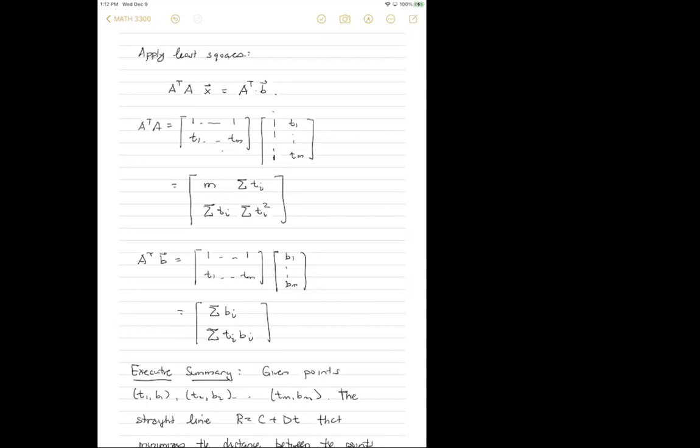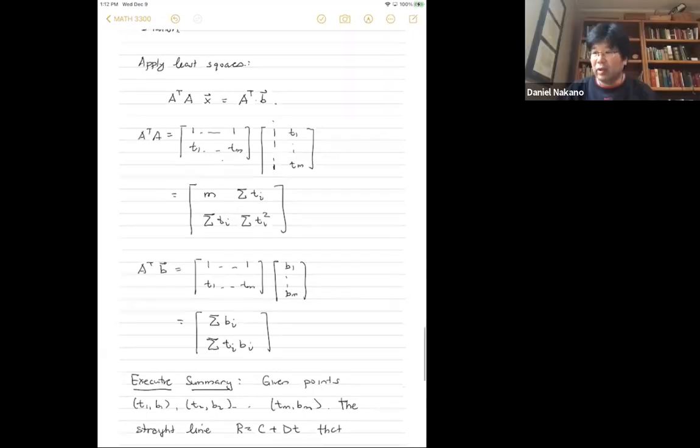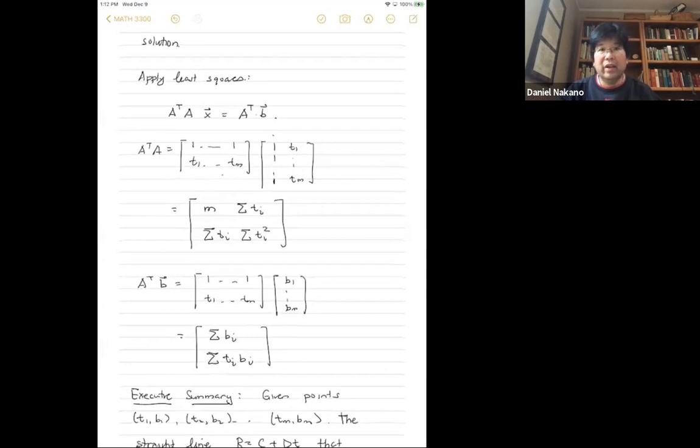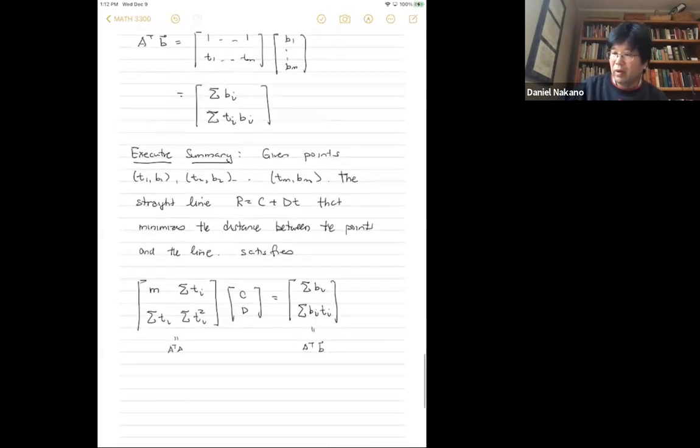So just look at this example here. It's not the identity matrix necessarily, but as long as A has linearly independent columns, A transpose A is going to be invertible. And if it's invertible, then the system down here will have a unique solution, because I could just apply A transpose A inverse to both sides.